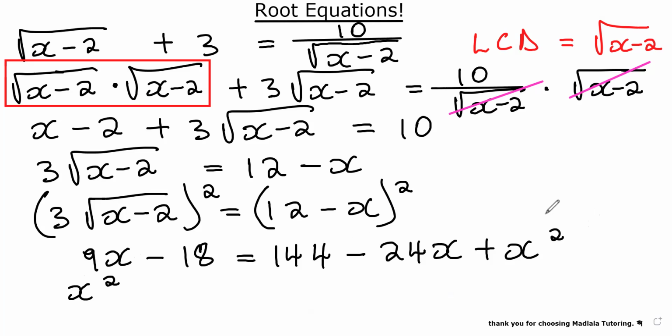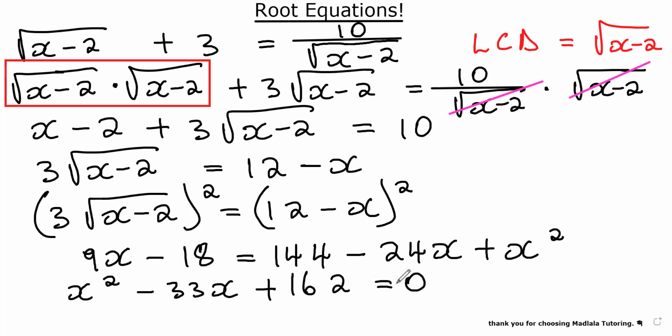So when we say negative 24 minus 9, you simply get negative 33x. And when you say 144 plus 18, you simply get 162. And everything is equal to 0.